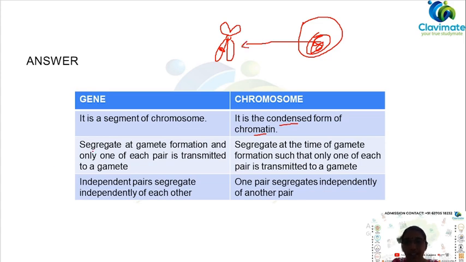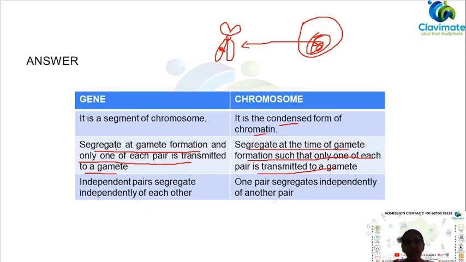Genes segregate at gamete formation, and only one of each pair is transmitted to a gamete. Chromosomes also segregate at the time of gamete formation, such that only one of each pair is transmitted to a gamete.